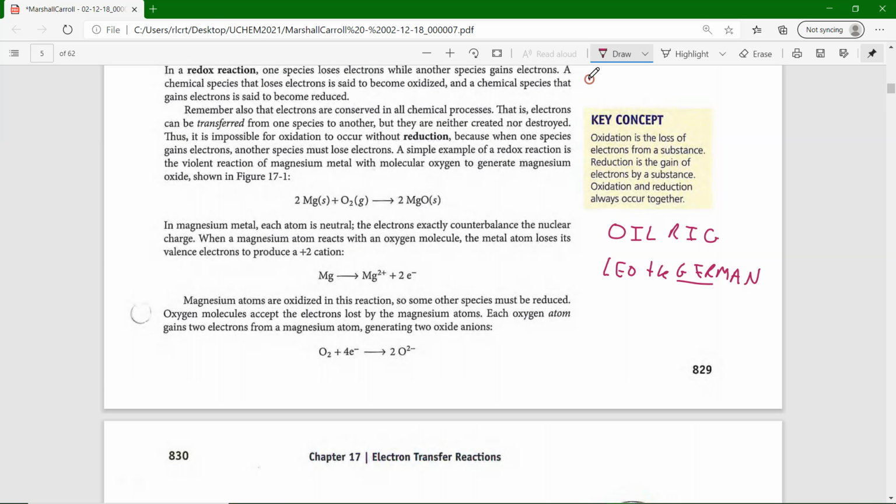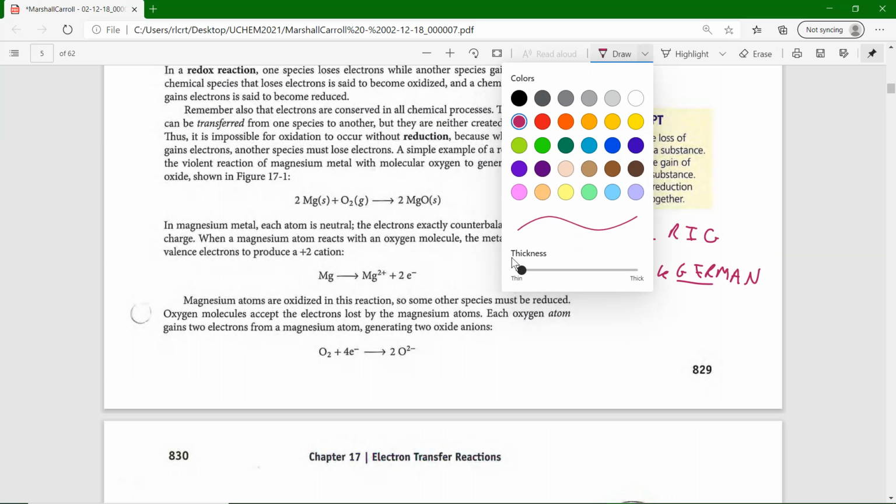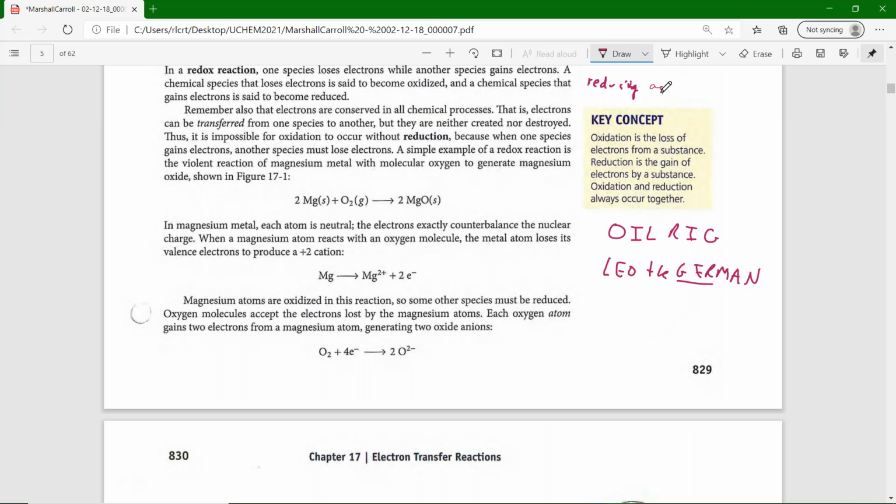So we can summarize that. I'm going to put this up here. Reducing agents themselves are oxidized.